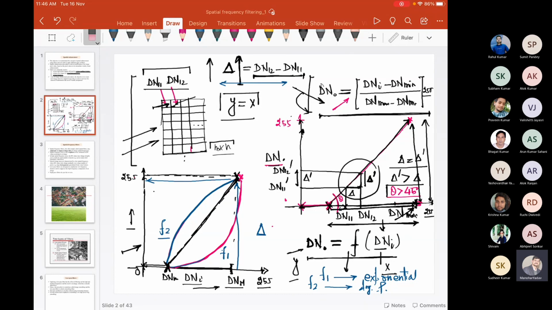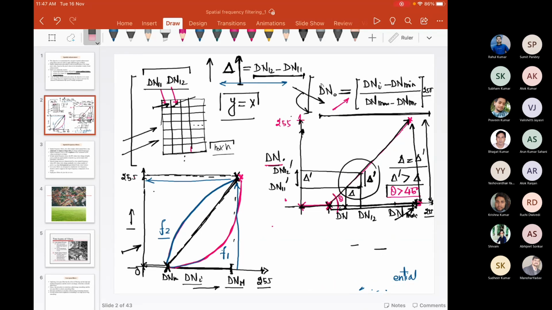So what conclusion do we have on the basis of this analysis using the linear function? To improve the visual quality of image by enhancing the differences in gray shade corresponding to 2 pixels, like DN1.